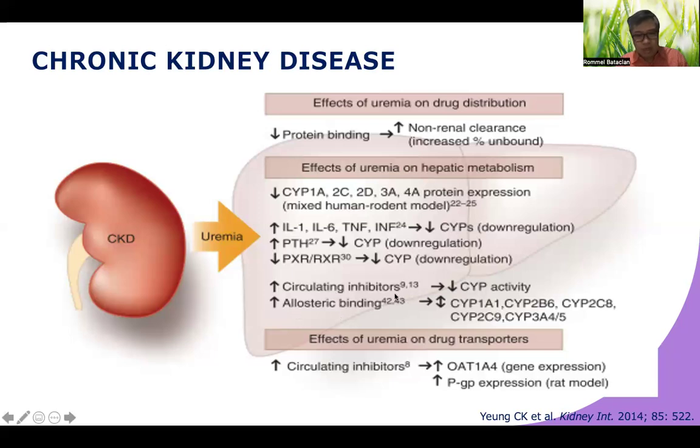So all in all, it decreases the cytochrome expression. Therefore, it could affect your metabolism, decreasing metabolism, and there is a possibility of accumulating metabolites, or even the parent or the active drug in the body, that would cause increased chances of adverse events.